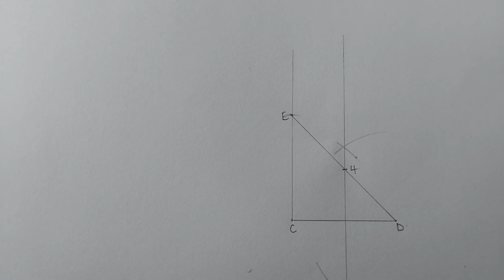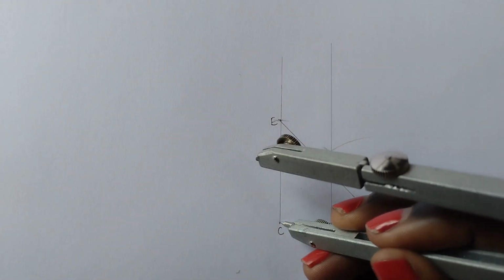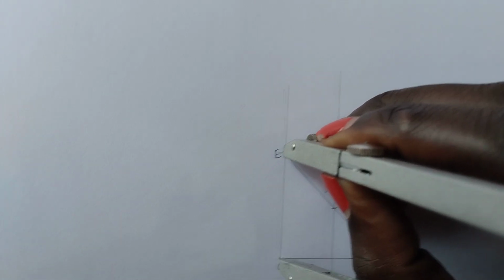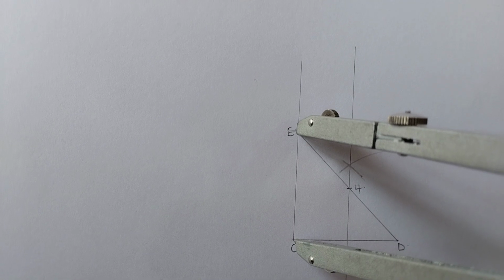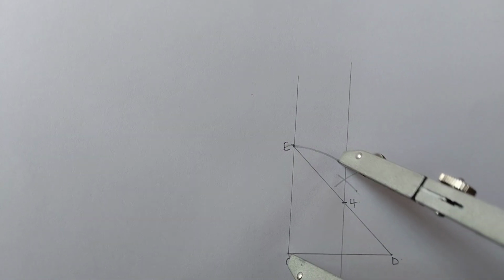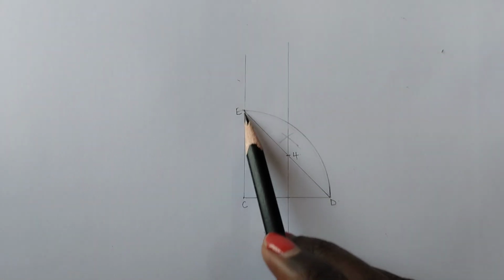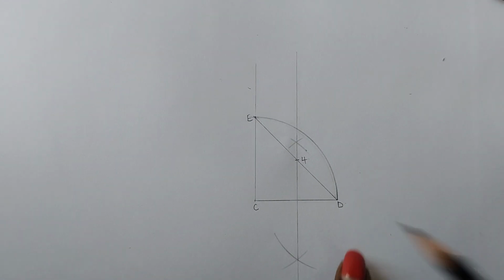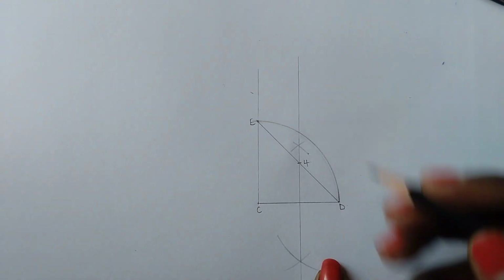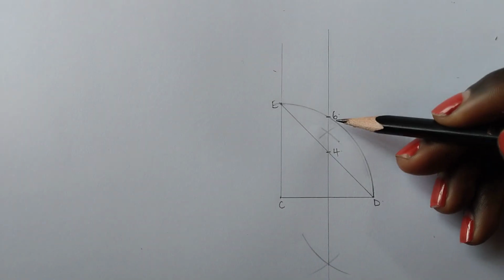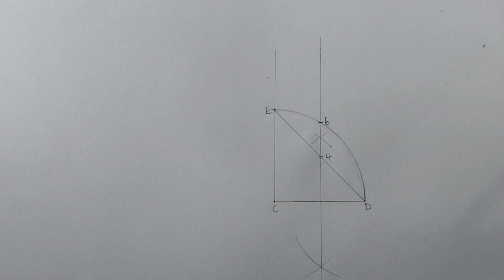Now take your compass, one leg of your compass at point C, and another leg of your compass at point E, and draw an arc to meet point E and point D. So we have our arc from point E and point D. Now, where our arc meets our line of intersection, we are going to name it as point 6. Remember now, these are the points that we are going to use as the centers of our circle.